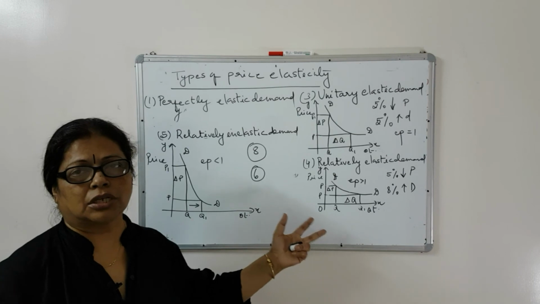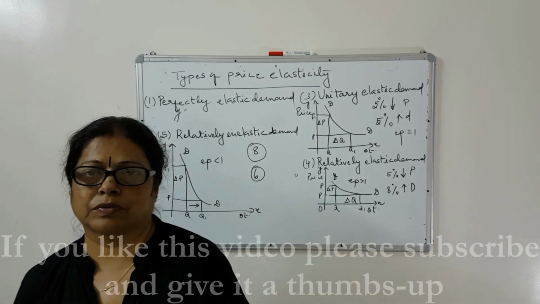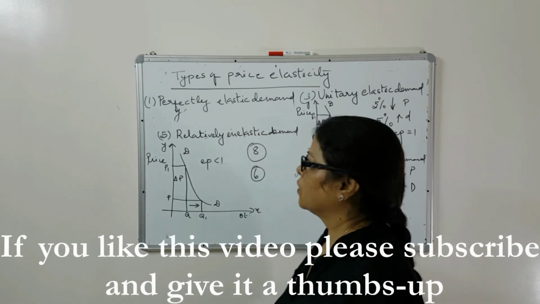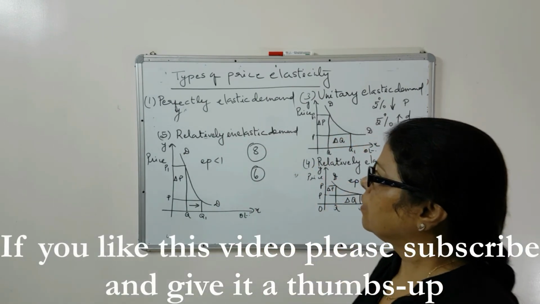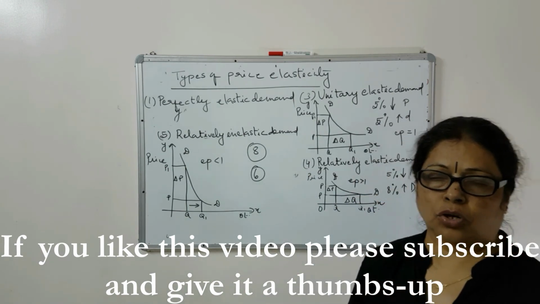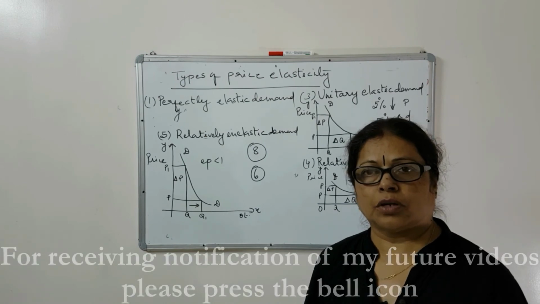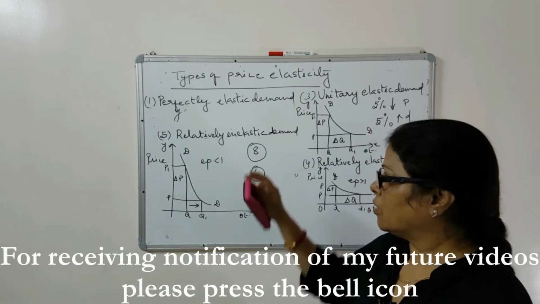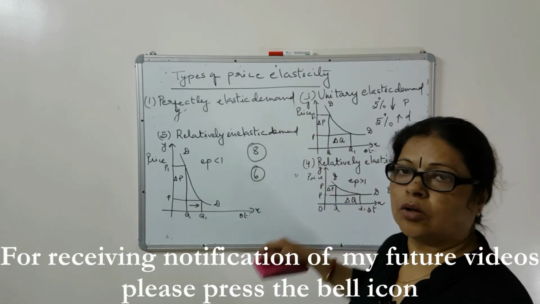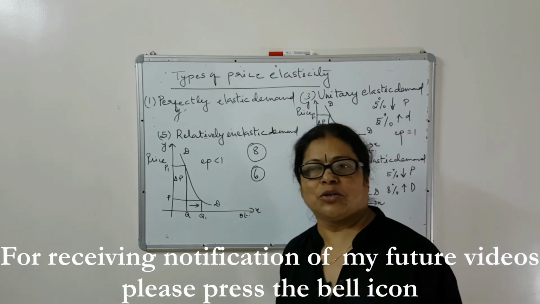So luxury and necessity is a relative term, it differs from person to person. So I think the concept of this is clear. Draw the diagrams, practice it, sit with a notebook and practice by seeing all these diagrams, do the labeling properly, you will get good marks.